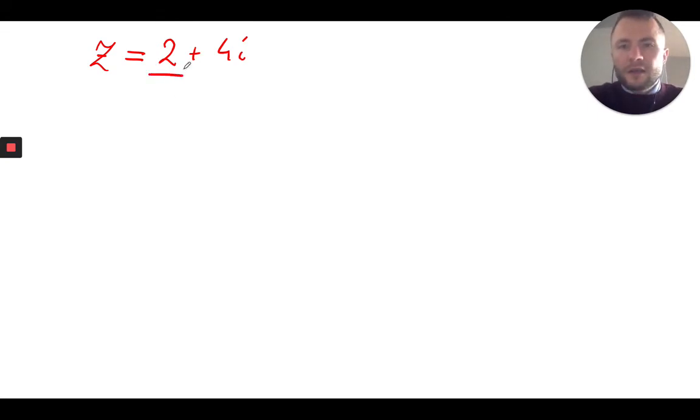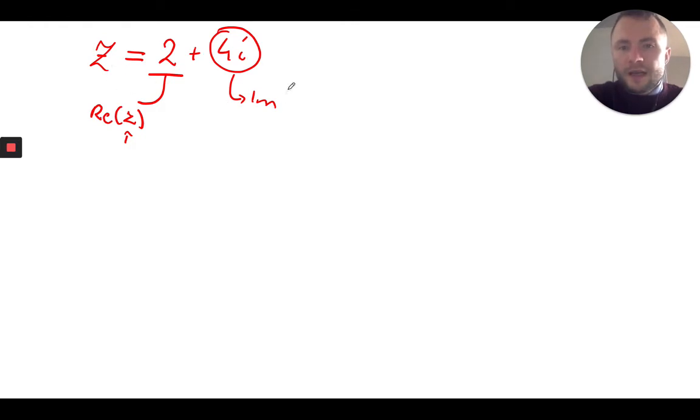This part here, the one that is a number, is called the real part, and we normally denote this Re of z. So if you see Re of z, it asks you to tell me what is the real part of the complex number z. On the other hand, this is the imaginary part of the number z, and we call this part Im.